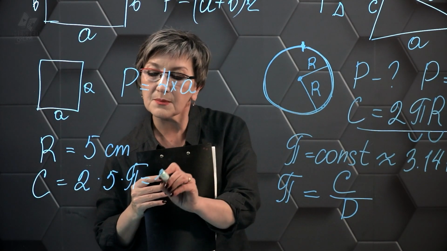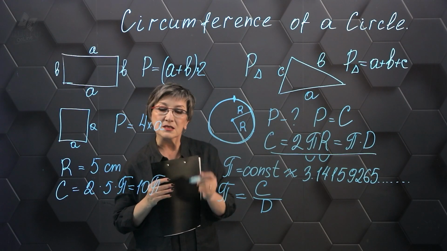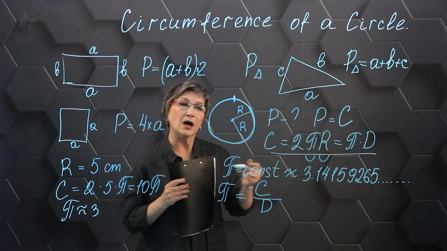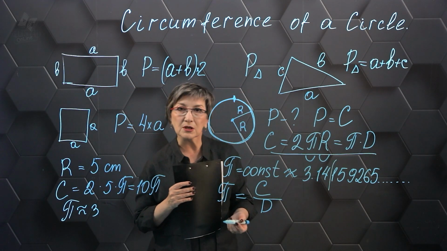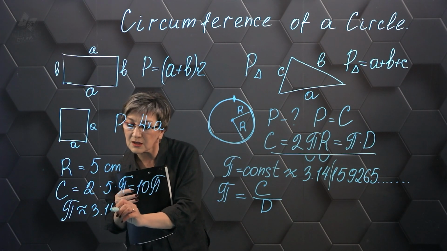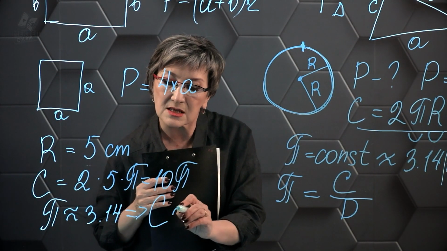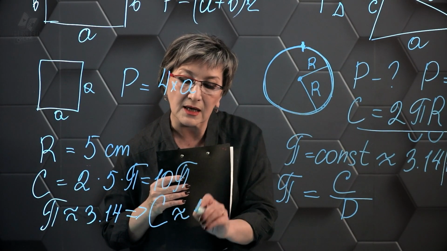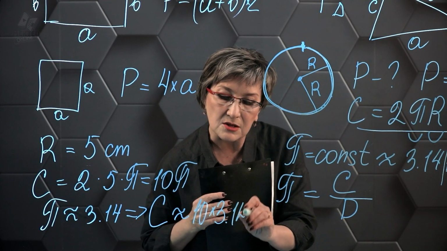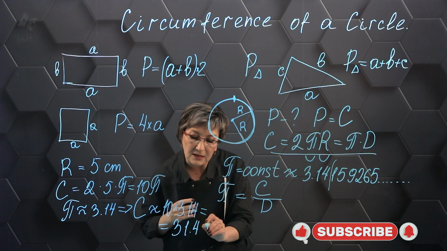You can write this answer as 10 pi, or, more commonly, for the number pi in math, we take a number rounded to hundredths, so pi would be approximately 3.14, and then the length of the circle would be approximately equal to 10 times 3.14, which is 31.4 centimeters.